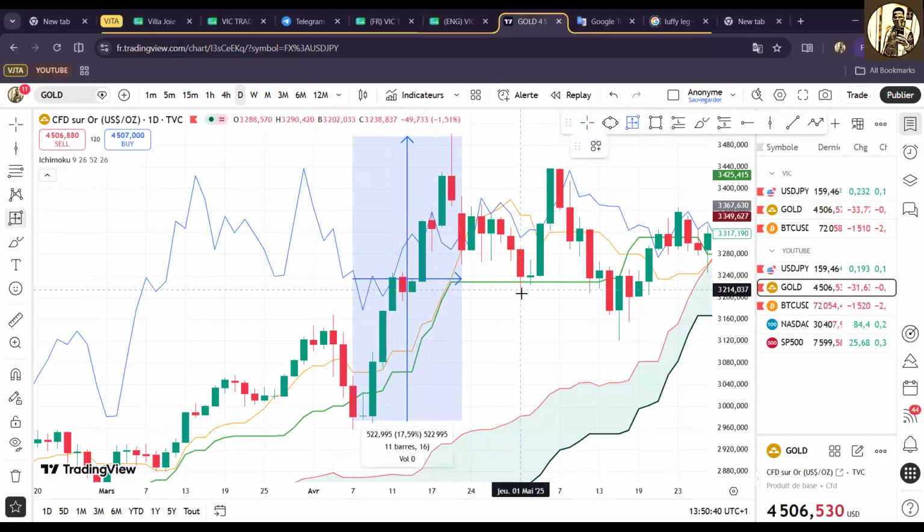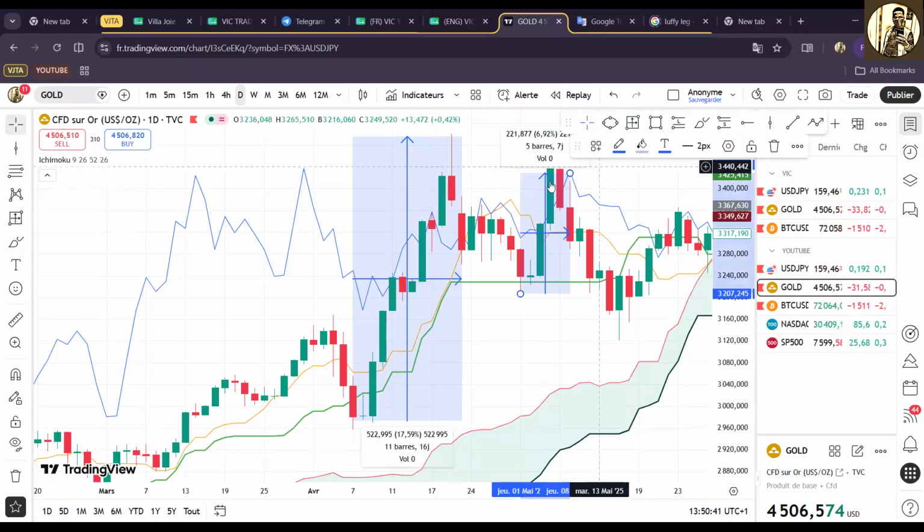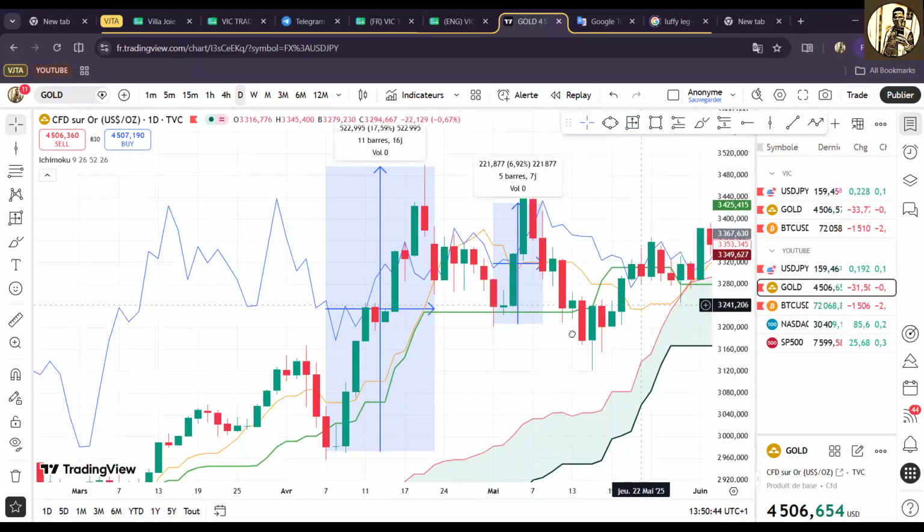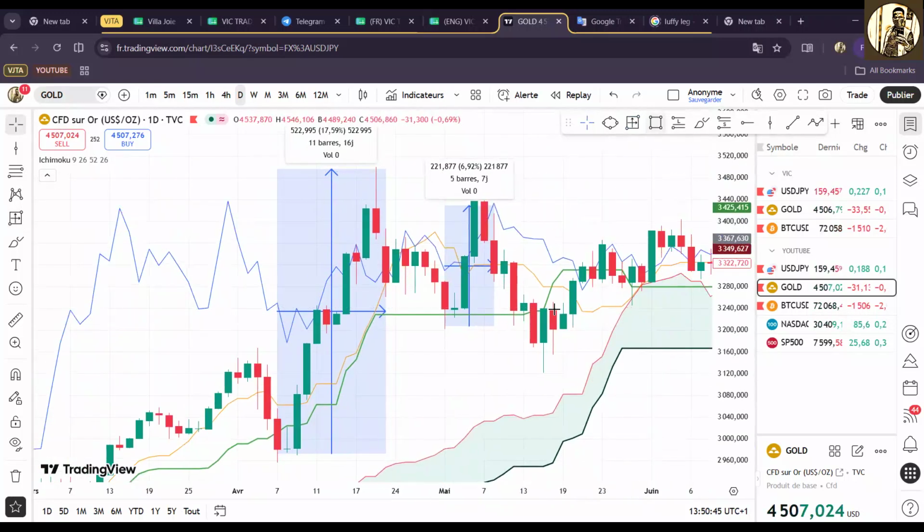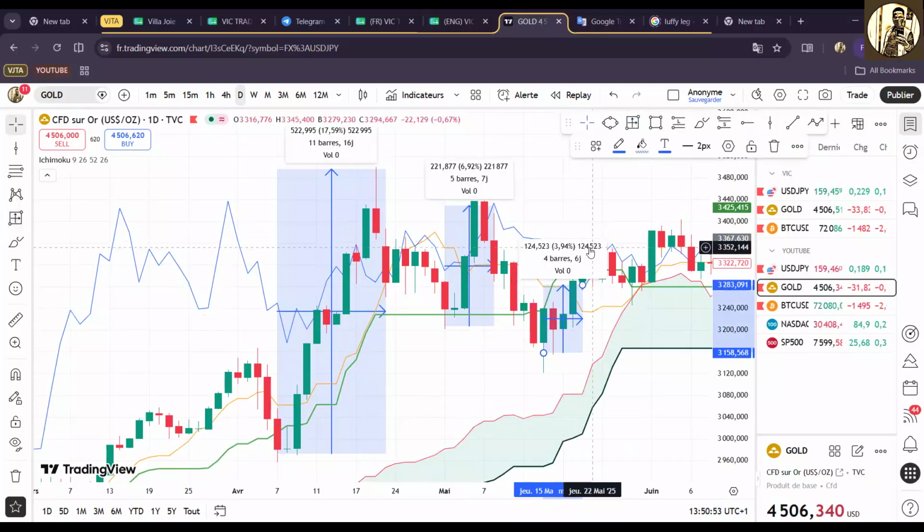And this other Kijun that gave you 200,000 pips. But this last Kijun gave you, for example, till we touch Tenkan, 124 pips.